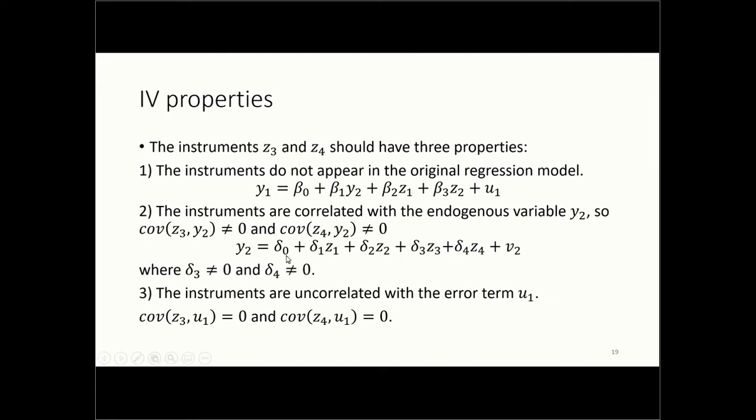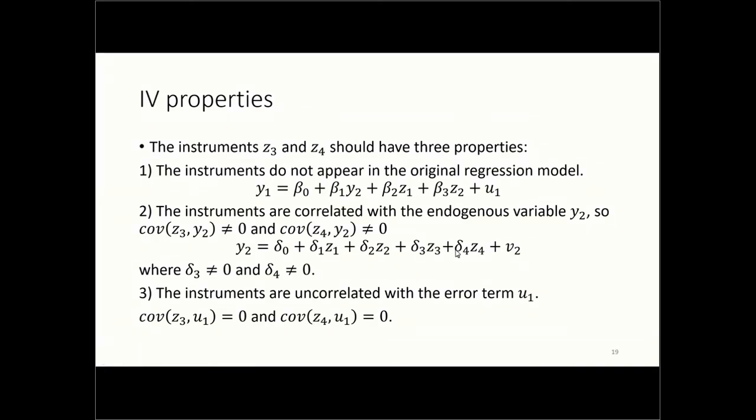In other terms, there is a relationship between Y2 and Z3 and Z4, or these delta 3 and delta 4 coefficients are significantly different from 0. And we need that because in order for Z3 and Z4 to serve as instruments for Y2, there needs to be a relationship between them. Otherwise, if there's no relationship, they wouldn't be a good instrument.